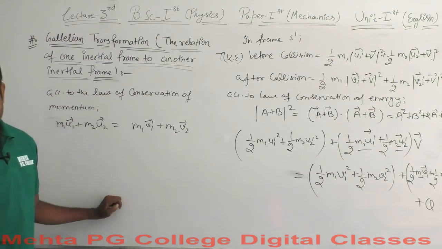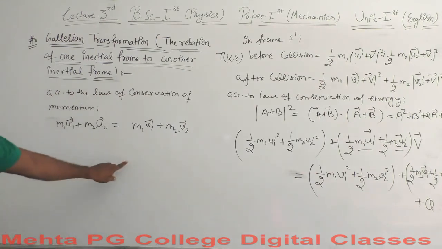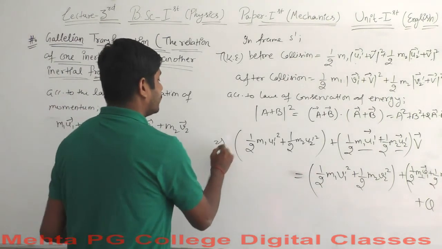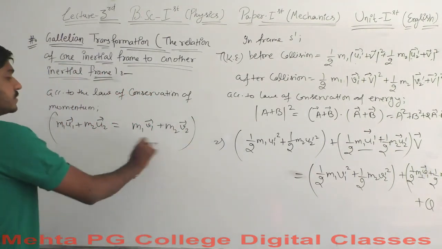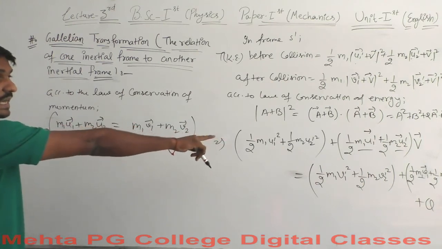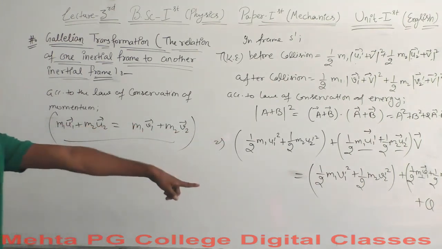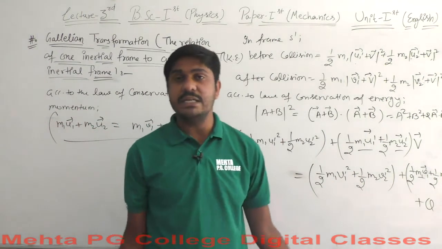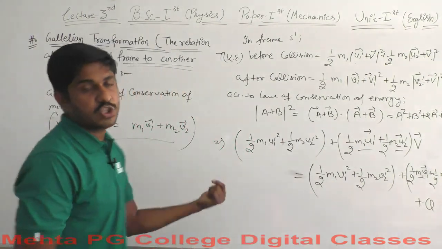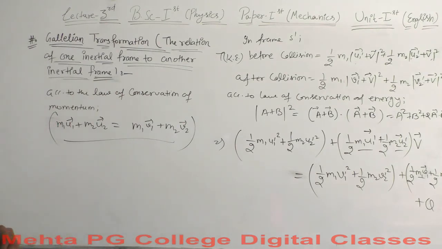These values are equal, and if we use these values in this equation, which is the equation representing the total kinetic energy in the reference frame S dash or the secondary reference frame, what will we have?